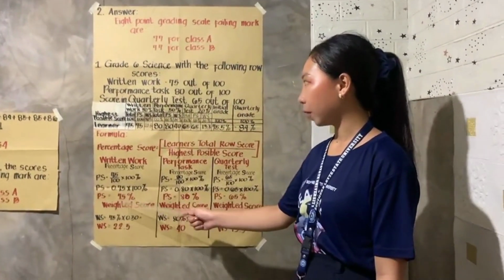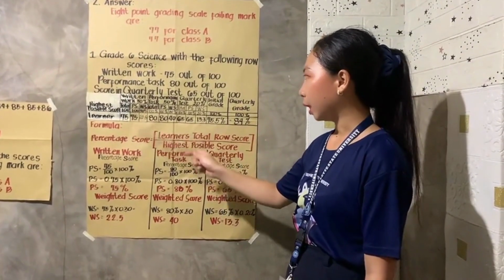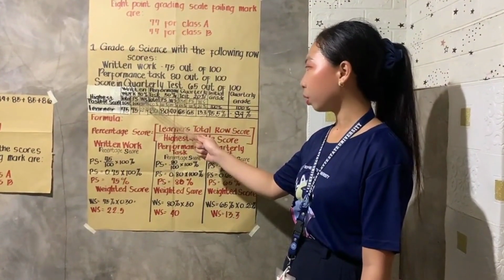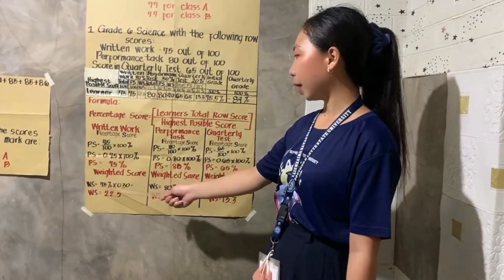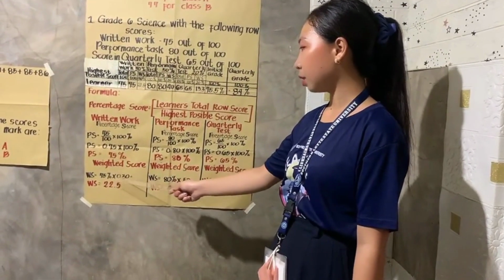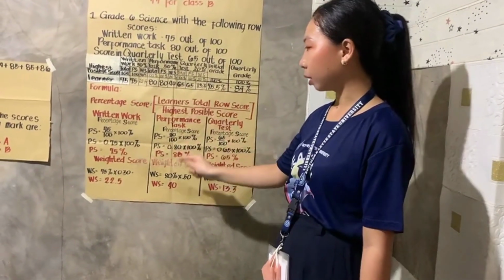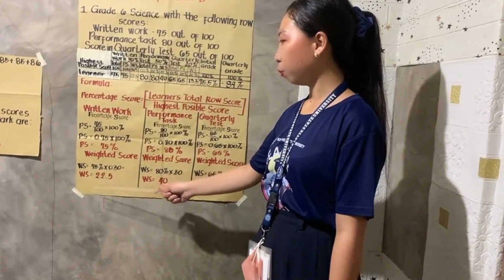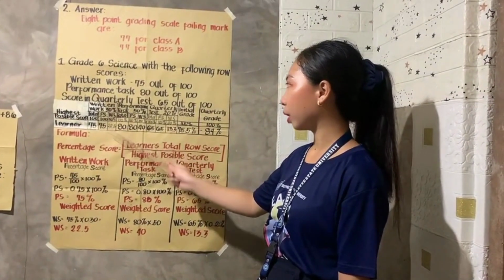They got 75%. That is their percentage score. And getting the weighted score, we're going to multiply the 75% grade times 0.30, which is the written work. That would be 22.5. That is the weighted score.